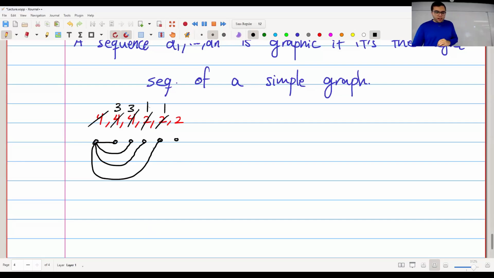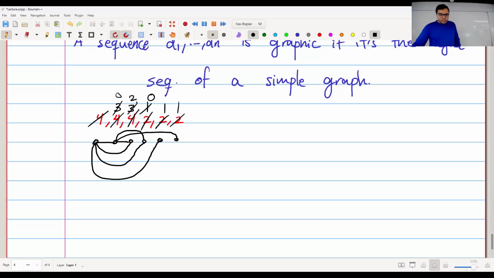Okay, so here I have to add 3 edges to this vertex. And well, I have a 3 here, a 2 here, so I connect it to this 3, I connect it to this 2, and then I have to also connect it to one of the ones. So let's say, connect it to this one too.